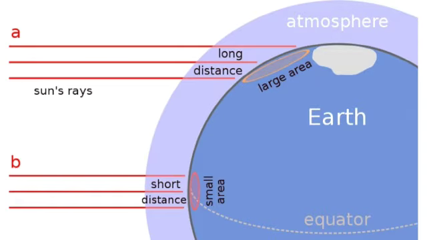Look at the figure. It shows that the sun rays are falling vertically over the equator. They are spread over a small area. In the polar regions, the sun rays are slanting, as you can see in the picture. They are spread on a larger area.